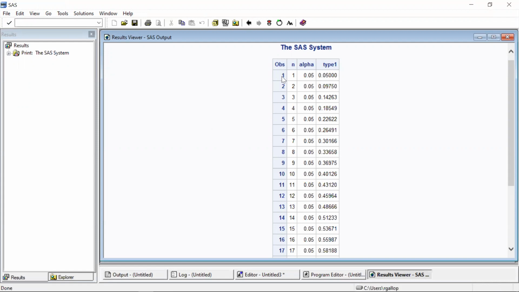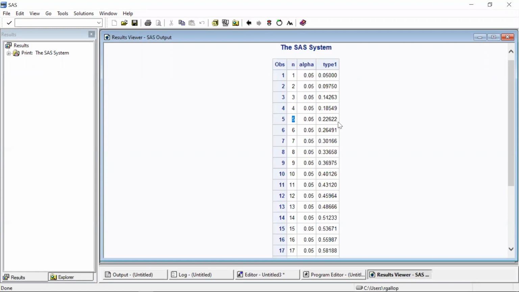If we have one test, our type 1 error is 0.05. That makes sense. But look as you start doing multiple tests. If you do 5 tests, 5 contrasts, if you will, the probability of making a type 1 error in at least one of the tests is more than 1 out of 5.